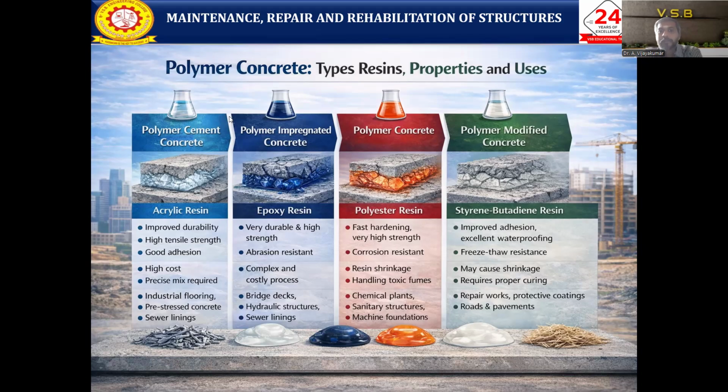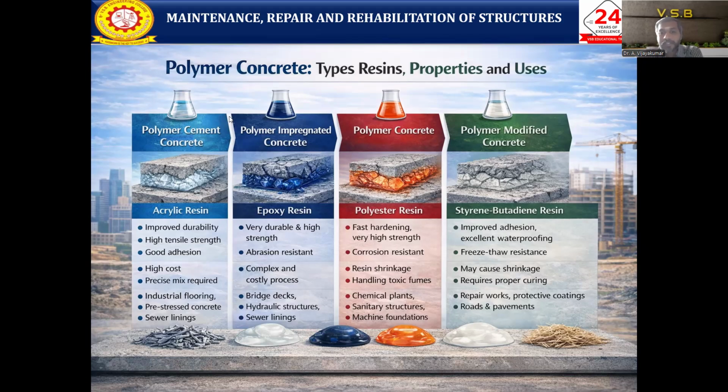Next, polymer modified concrete. We modify the concrete by adding certain resins, such as styrene resin. It gives improved adhesion, excellent waterproofing of the material, and freezing and thawing resistance, so in cold climates where temperatures go below minus 20 degrees Celsius, we can use this type of resin. What is the disadvantage? It may cause shrinkage and requires proper curing.